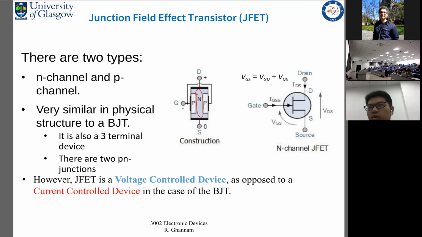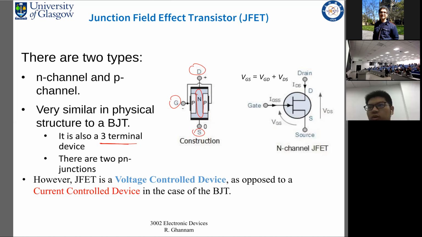The n-channel is responsible for current conduction. JFETs are also very similar to BJTs in that they are three-terminal devices. We have a gate, a drain, and a source. In this case, this is an n-channel because the current that flows between the drain and the source takes place inside an n-type material.